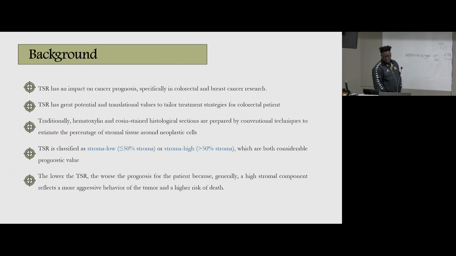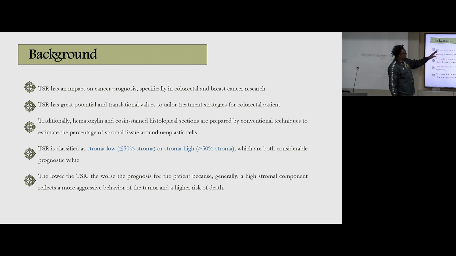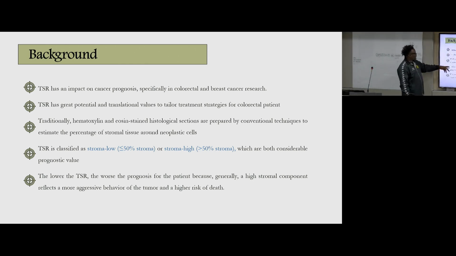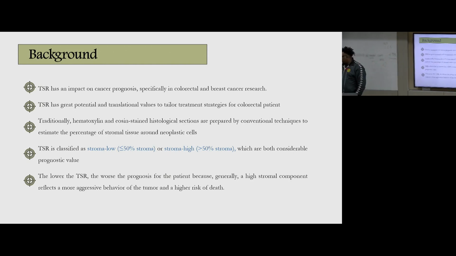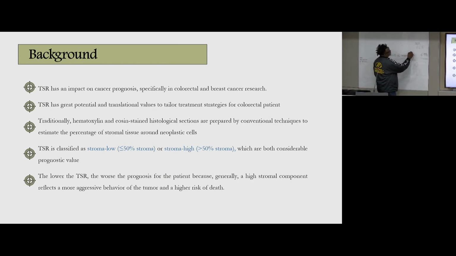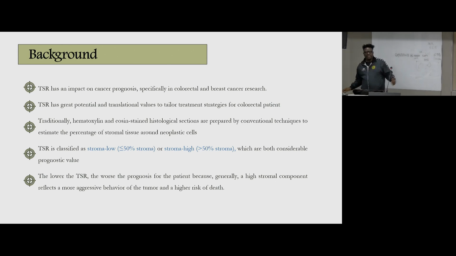In weakly supervised learning, you can see that the TSR, the tumor-stroma ratio, is a very big prognostic factor. TSR is the stroma in the tumor, divided by tumor plus stroma, in percentage. It's easy to understand.